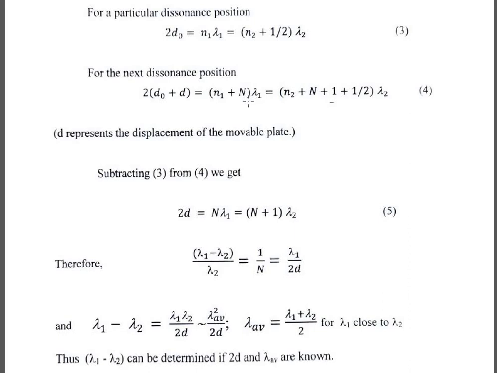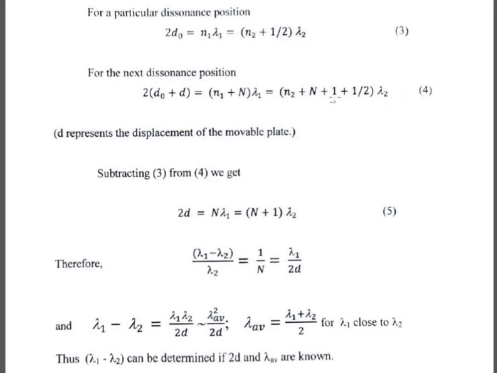Suppose there are a total of 500 lambda 1 inside the cavity, it corresponds to 501 for lambda 2, something like this.